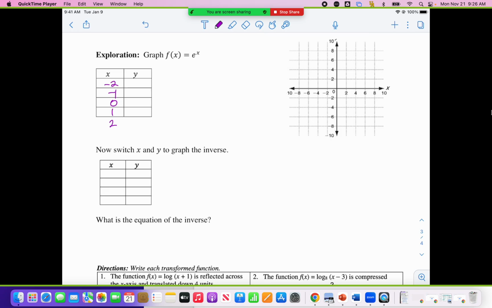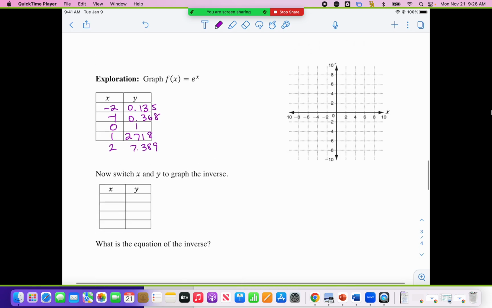All right, I'm going to go ahead and fill in what I got. At negative 2, did you get around 0.135? Negative 1, 0.368, 1, 2.718, and 7.389. So this is exponential, okay? This is an exponential function. So the domain is negative infinity to infinity.